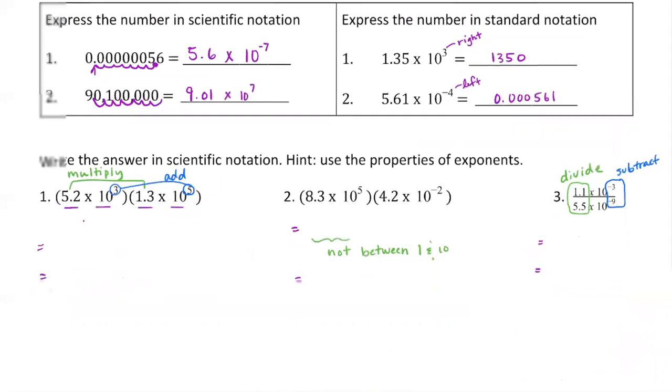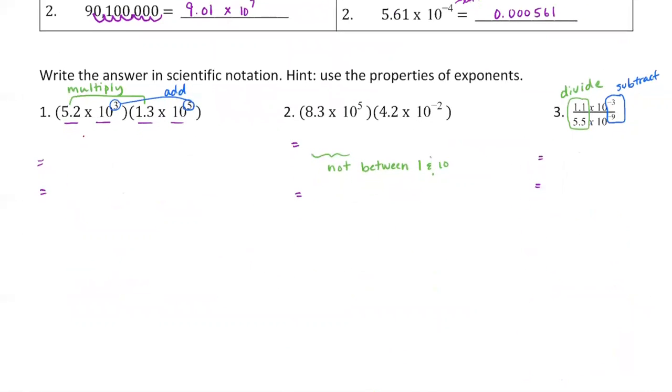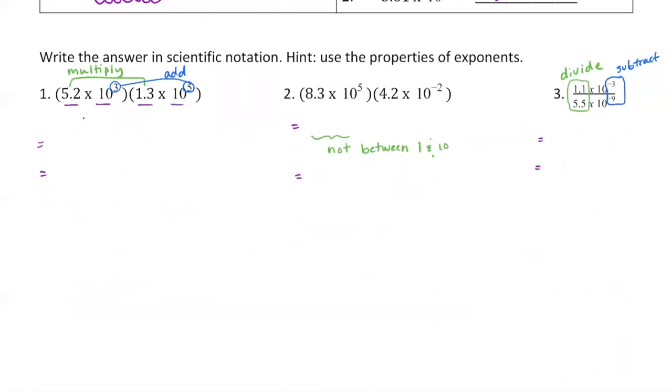All right, so that's a review of scientific notation, but we're actually now going to use the properties that we learned to do some multiplication and division a little bit faster. In order to multiply two numbers that are in scientific notation, notice that this is really just 4 different things being multiplied.